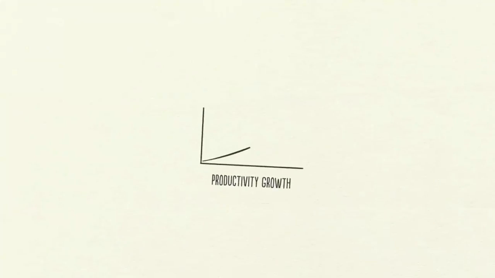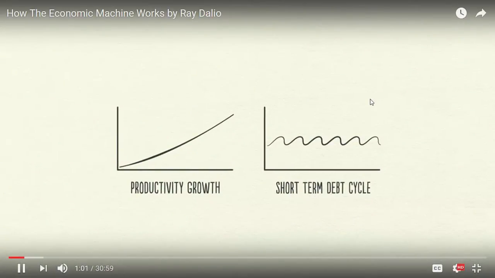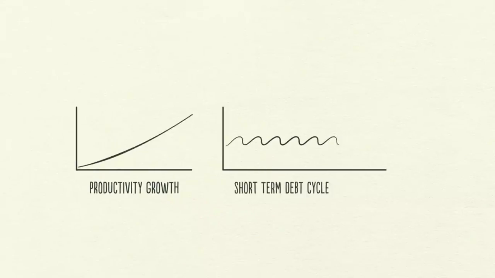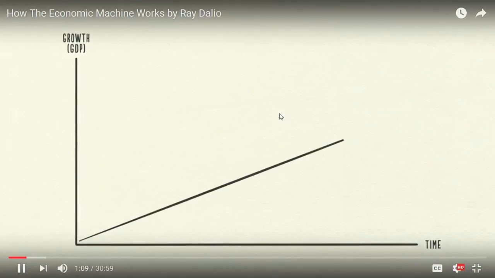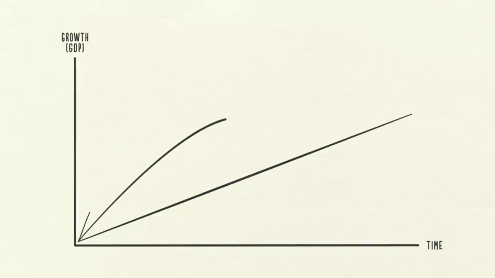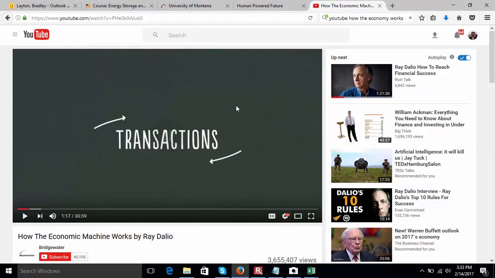Number one, productivity growth. Number two, the short-term debt cycle. And number three, the long-term debt cycle. We'll look at these three forces and how laying them on top of each other creates a good template for tracking economic movements and figuring out what's happening now. Let's start with the simplest part of the economy.